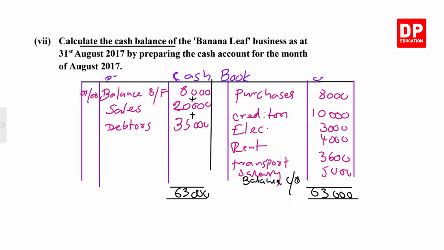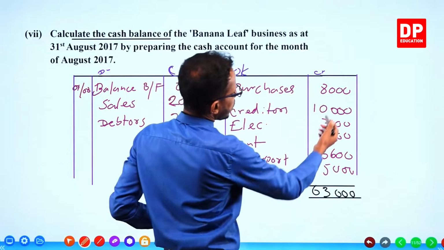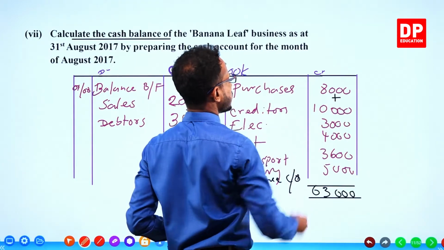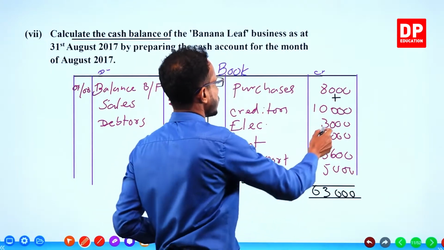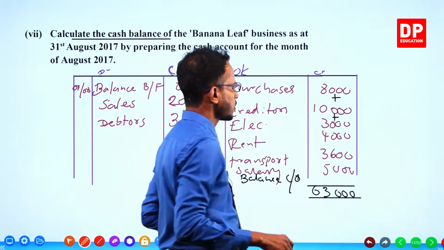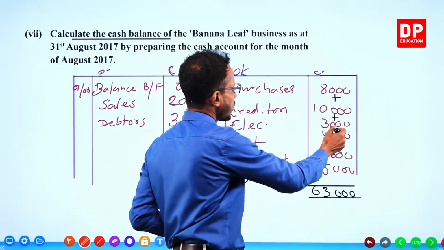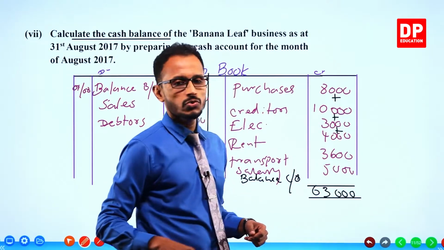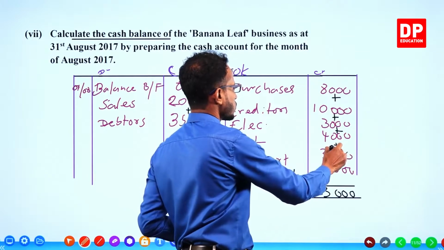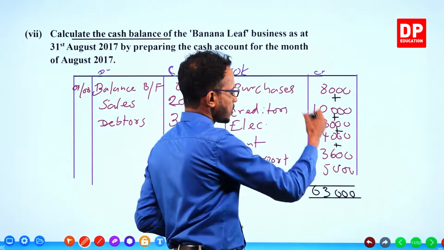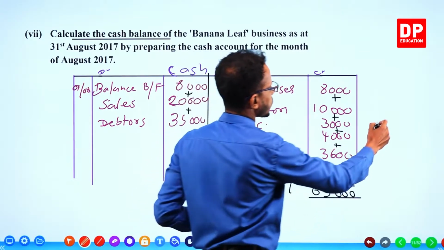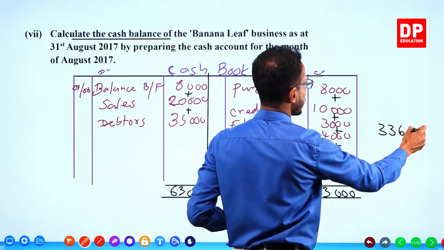Take the total of the credit side. 10 plus 8, 18, 21 plus 4, 25 plus 5, 30, 33,600. 33,600 on the credit side.